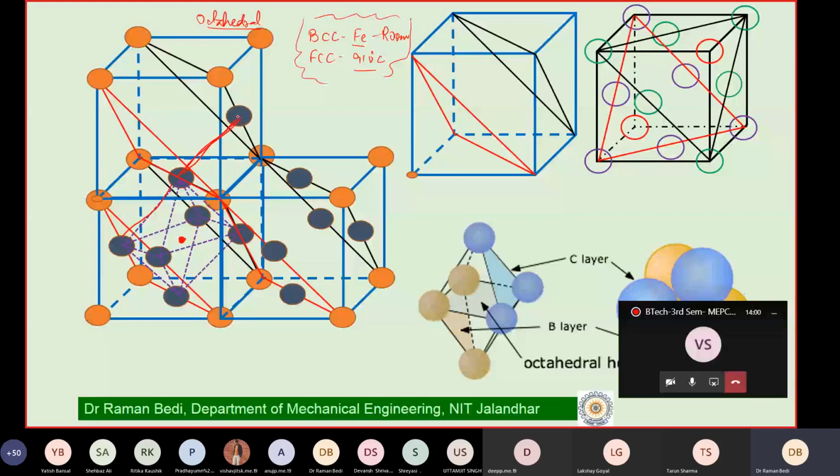We try to explain it this way: this is one here, and the bottom is this way. So this is the second location of what we call the octahedral void. So octahedral voids are at the center of the unit cell as well as at all the edges of the cube.